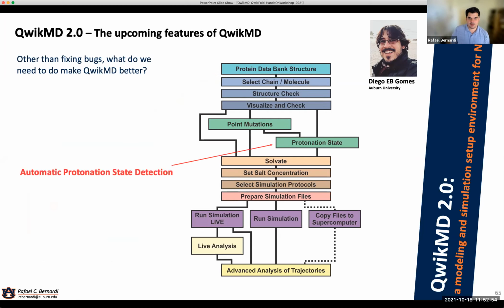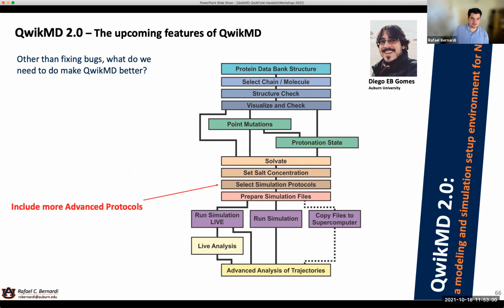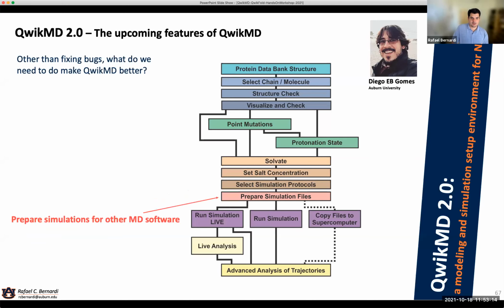That's the plan. We want to have an automatic protonation state detection, and we also want to include some more advanced protocols, for instance, for free energy calculations. We want to be able to do graphic exchange, CoVars, wide sampling, free energy protocols, all of that together. We also want to be able to prepare simulations using other MD software, like that's something that was asked before.